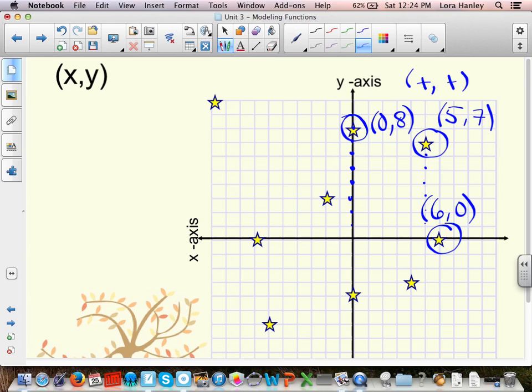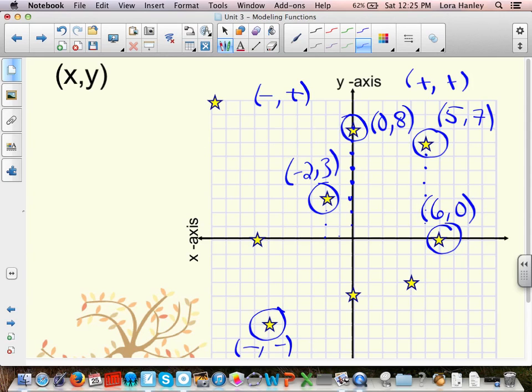In quadrant 2, a point over here will have a negative x and a positive y. We have gone back 2 spaces with our x, so negative 2, and up 1, 2, 3, positive 3 for our y. In quadrant 3, we have a point that will be negative x and negative y.